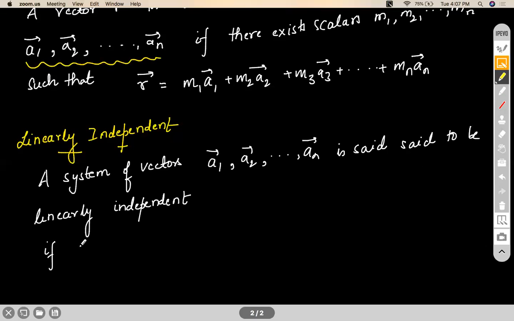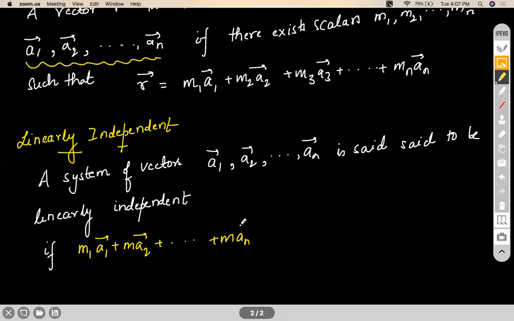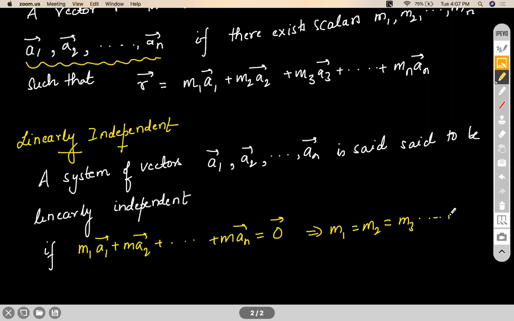a linear combination of these vectors, now see, I'm using the word linear combination, so you should know what I'm talking about, if a linear combination of these vectors equated to a null vector implies that all these scalar values are actually zero.